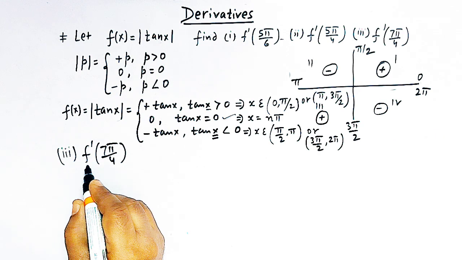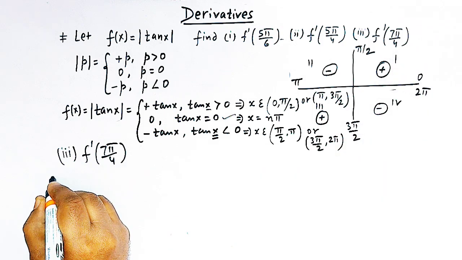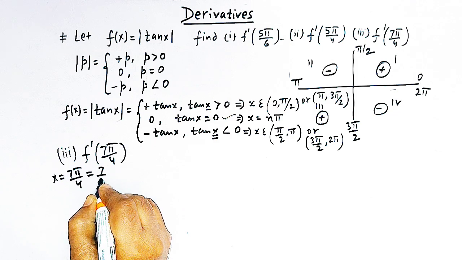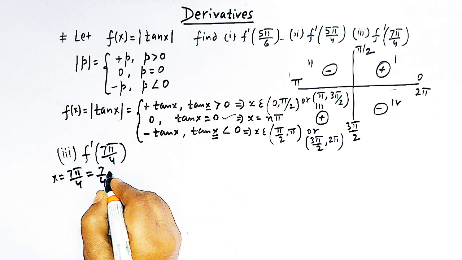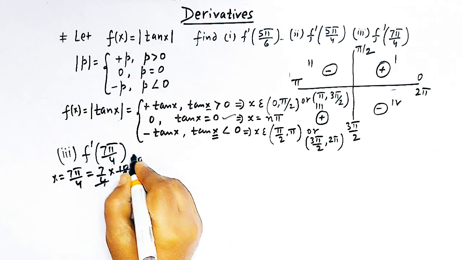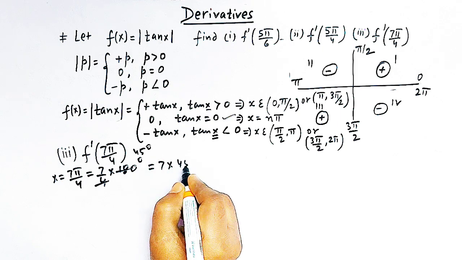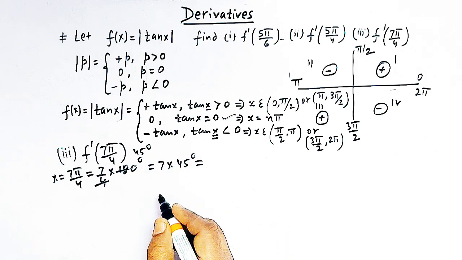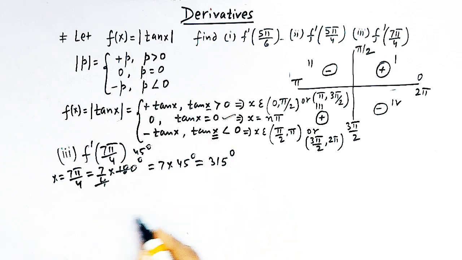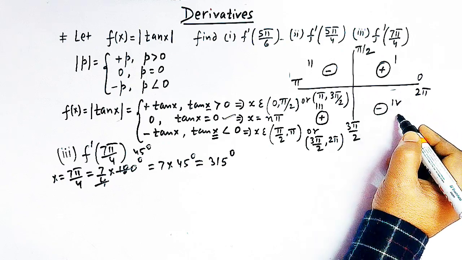So now let us find out the value of f prime of 7 pi by 4. So here the value of x is 7 pi over 4. Again converting it into degrees. So pi radians is 180 degrees. So we have here 45, and this is 7 times 45 degrees, that is equal to 315 degrees, and 315 degrees falls in the fourth quadrant, right?